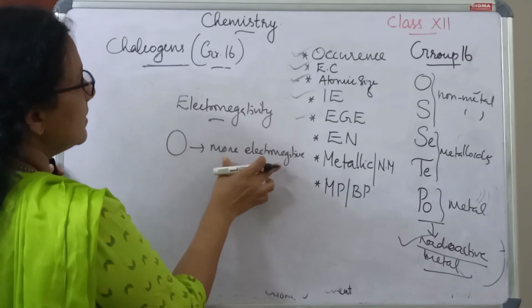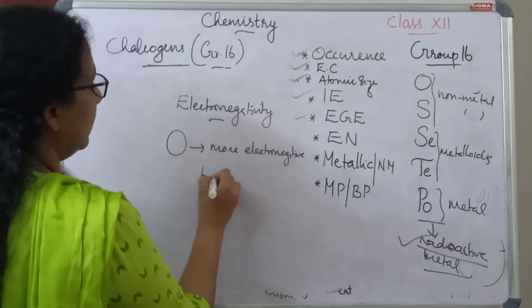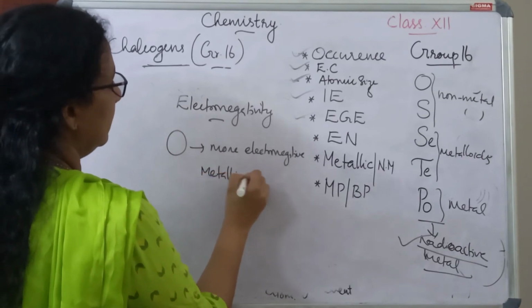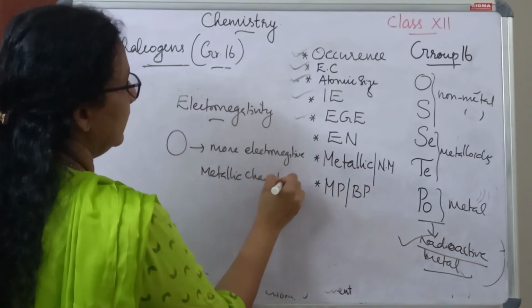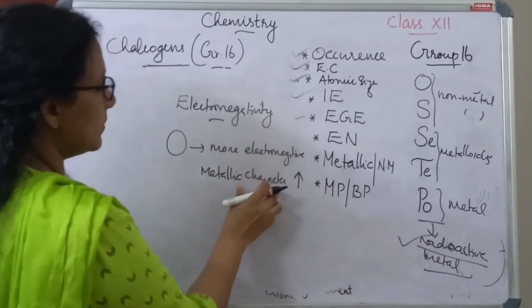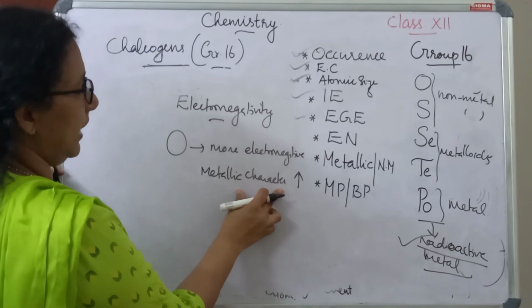So we can say metallic character increases down the group. Metallic character means electropositive character.